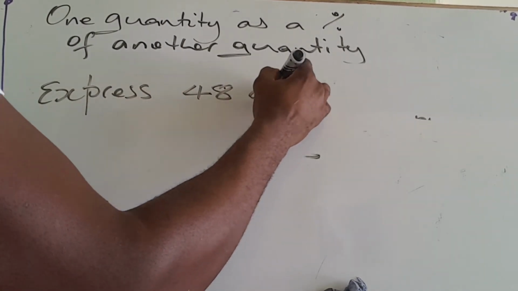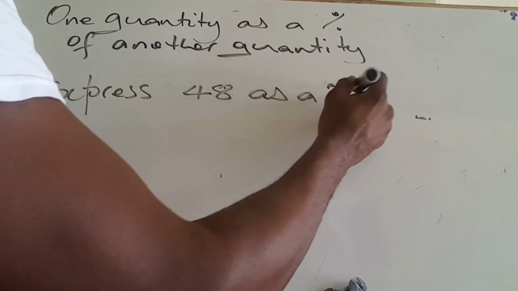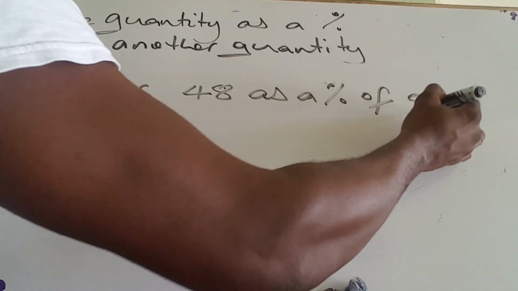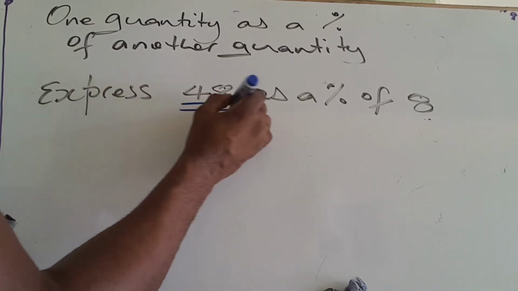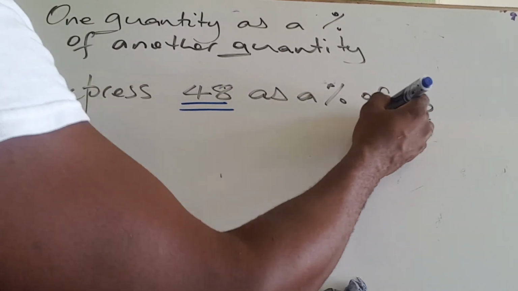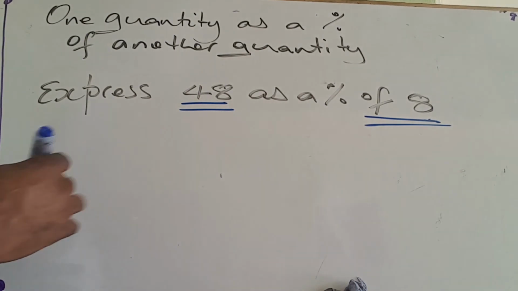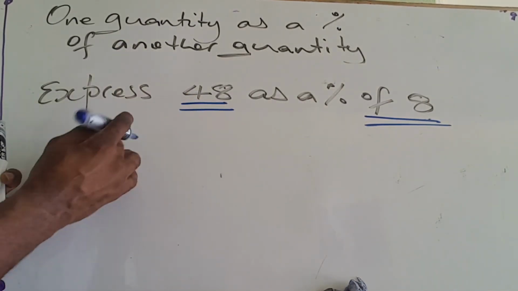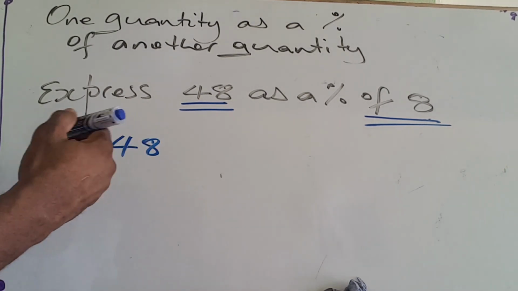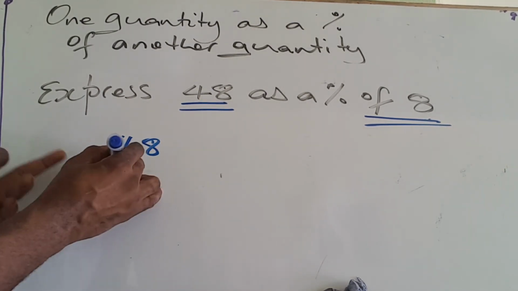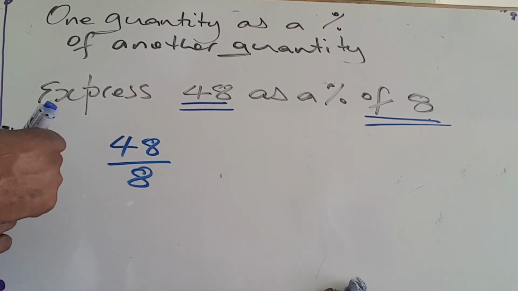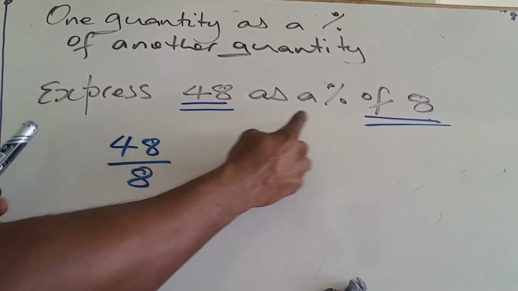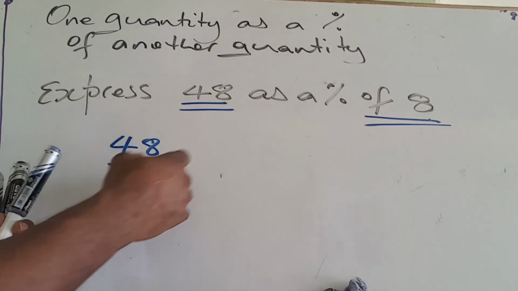Let's look at another one, to express 48 as a percentage of 8. I want to express 48 as a percentage of 8. Now, in this case, we have to look very carefully. 48, we want to express that as a percentage of 8. Many people would have just put 8 over the 48, but you have to watch the narrative of 8.